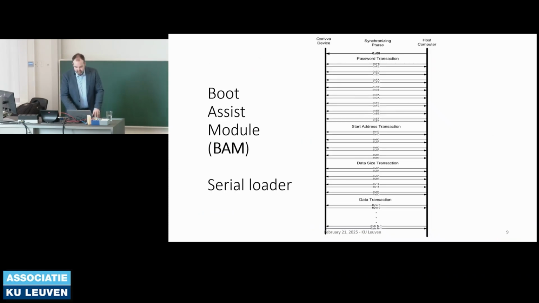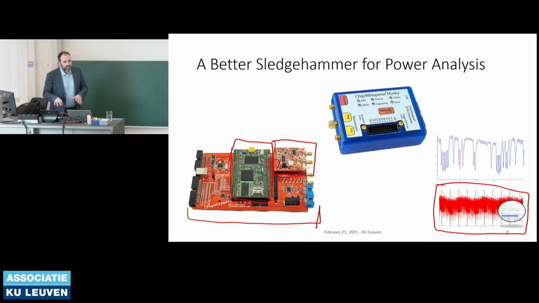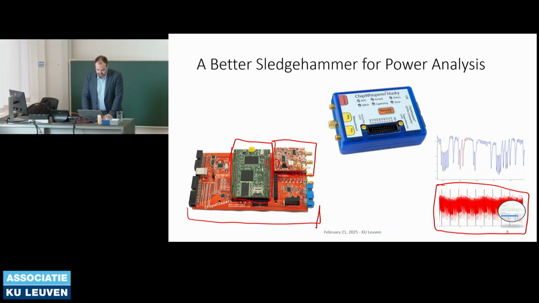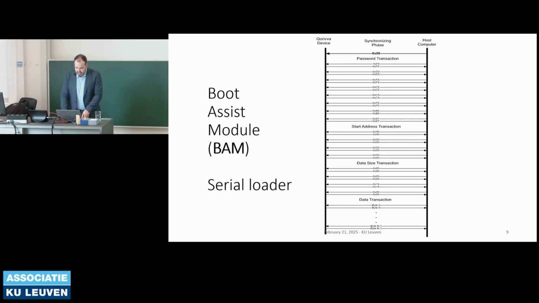Okay, so what's a real example? This was just me programming a microcontroller. You might say that doesn't seem very realistic. A real example of this is from an automotive ECU. They have something called the boot assist module. This boot assist module is a serial loader. It's their low-level bootloader that's always enabled on some versions.